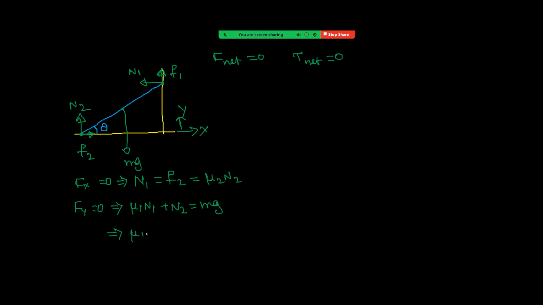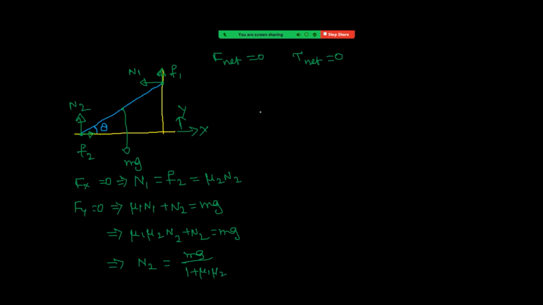This becomes mu1 mu2 N2 plus N2, that is equal to mg. So from this we get the N2 value: mg upon 1 plus mu1 mu2.